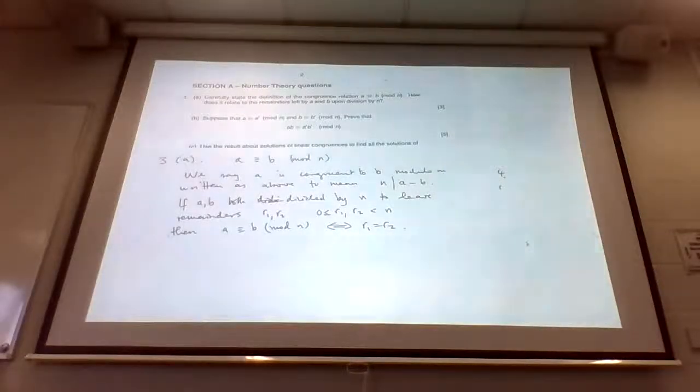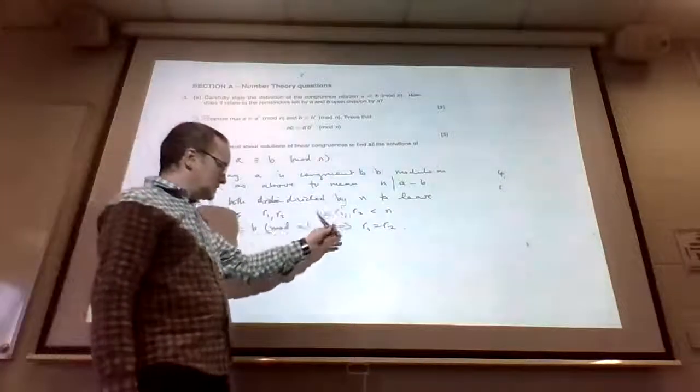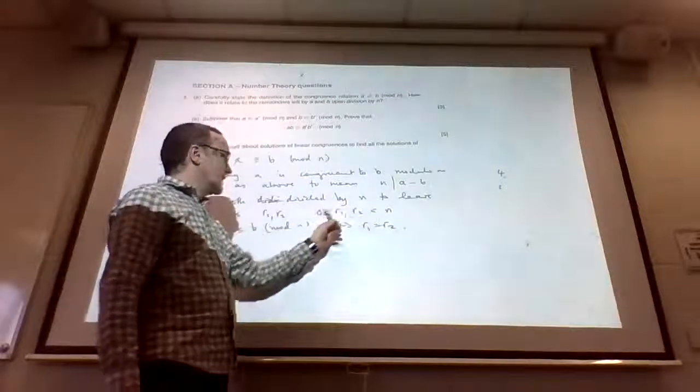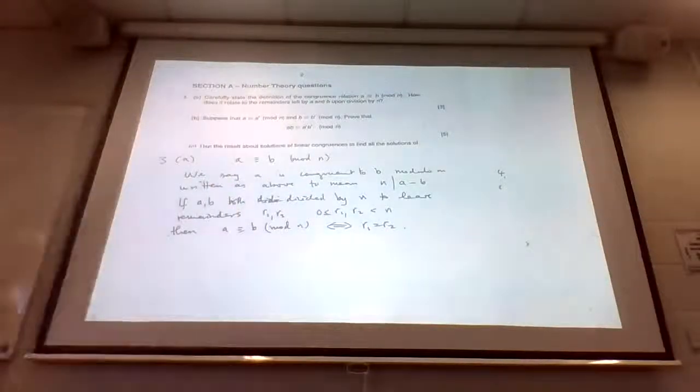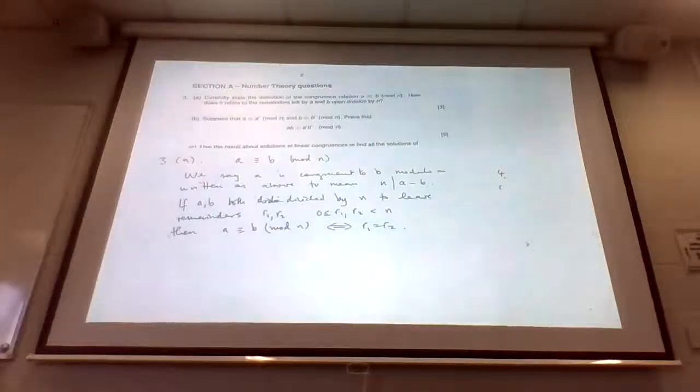Okay, that was the connection between congruence and the remainders left upon division. Of course, you do need to have this condition that you're talking about the smallest non-negative remainders. That's really what we mean when we do integer division. So we discussed that last time.